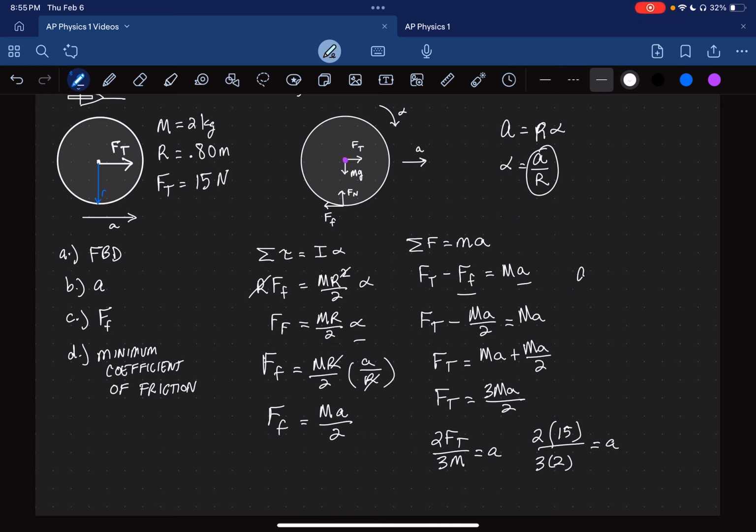This is just 5, is the acceleration. Okay, and come back down here. We can figure out the friction force, and this is just 2 times 5 over 2, which is just 5.